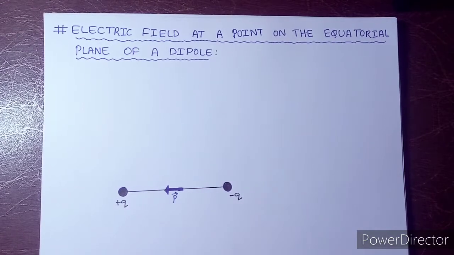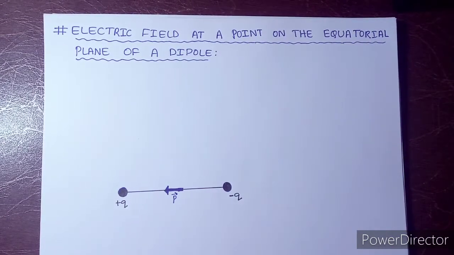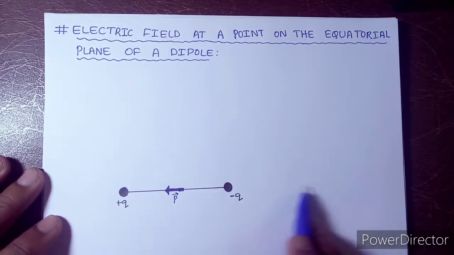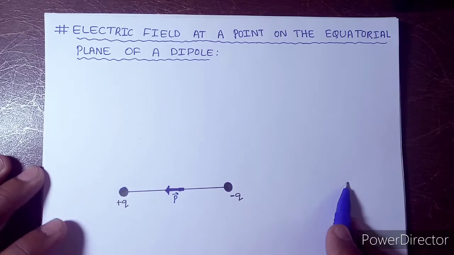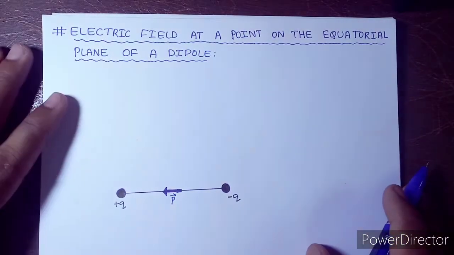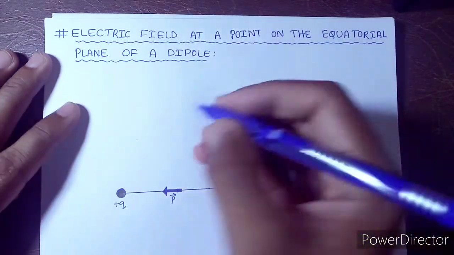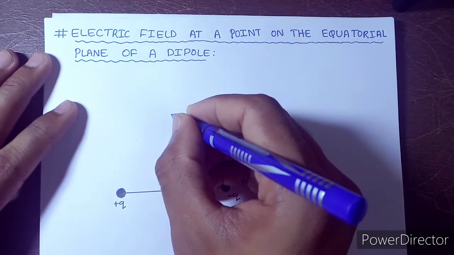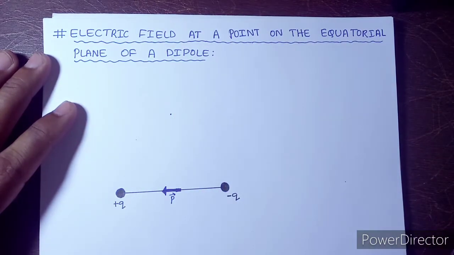So next we have electric field at a point on the equatorial plane of a dipole. In the previous case we found the electric field along the axis of the dipole, but here we are finding the electric field at the equatorial plane of a dipole. So I will consider a point on this dipole here, which is exactly perpendicular to this dipole.